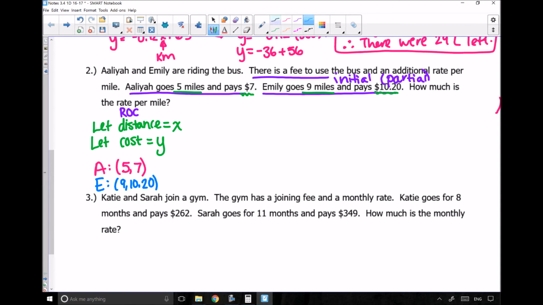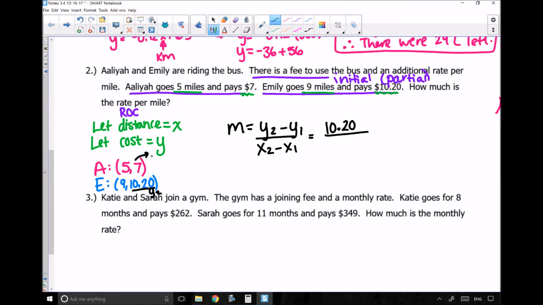Well, now that I've done that, I can just use my slope formula. So m equals y2 minus y1 over x2 minus x1. So I know that this is my second coordinate and it's my y value. So my second y value is $10.20.